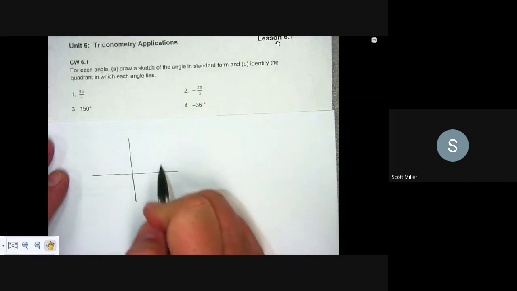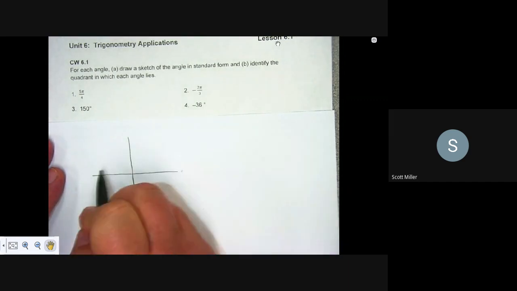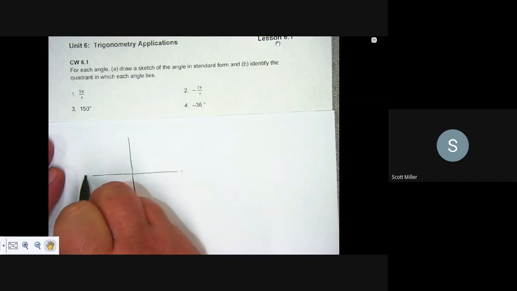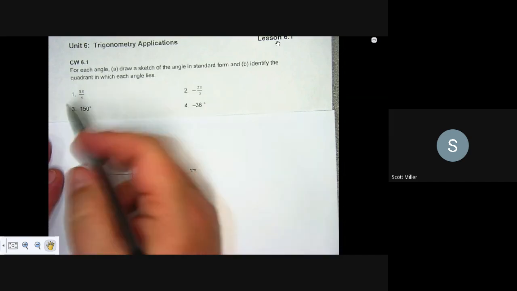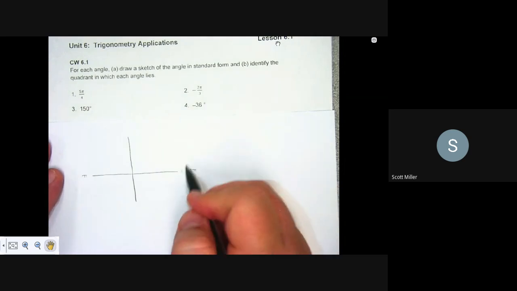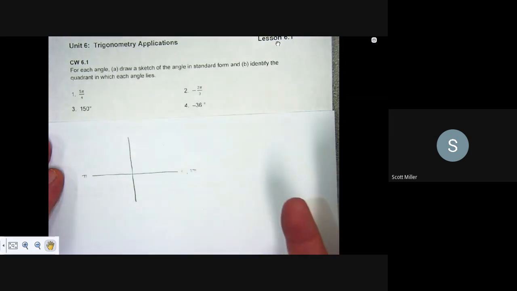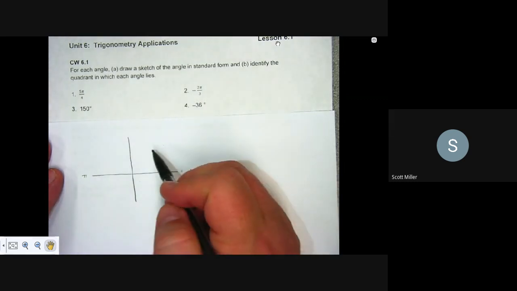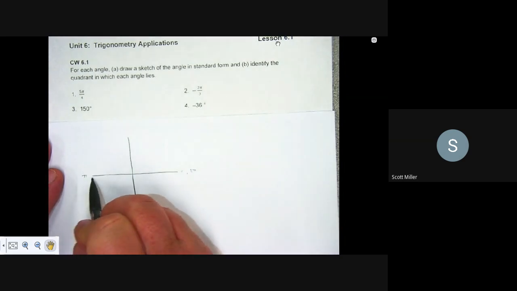You know that all the way around is 2 pi. So this would be 0, and then over here is pi, and then back over here is 2 pi. So forget the pi, think of the fractions. This is 0, this is 1. Well, the 5 over 4 is 1 1/4. So if this is 1, then 1 1/4 will be in here somewhere.